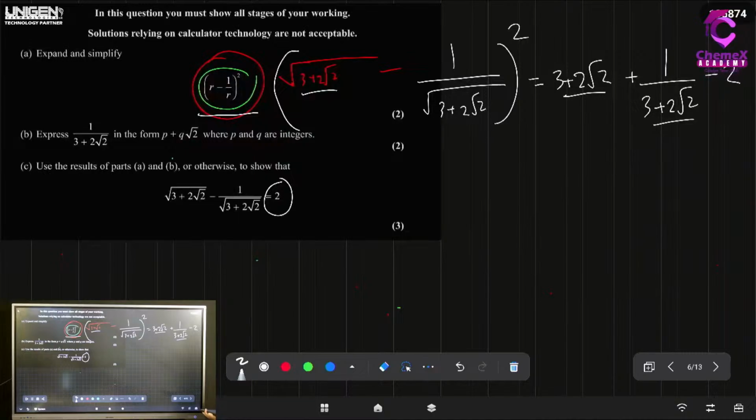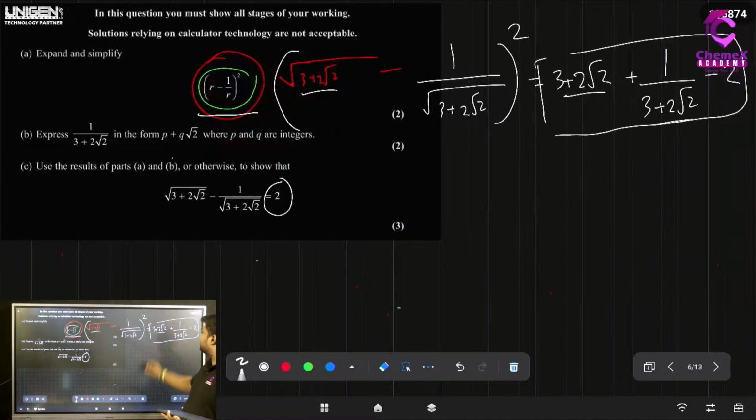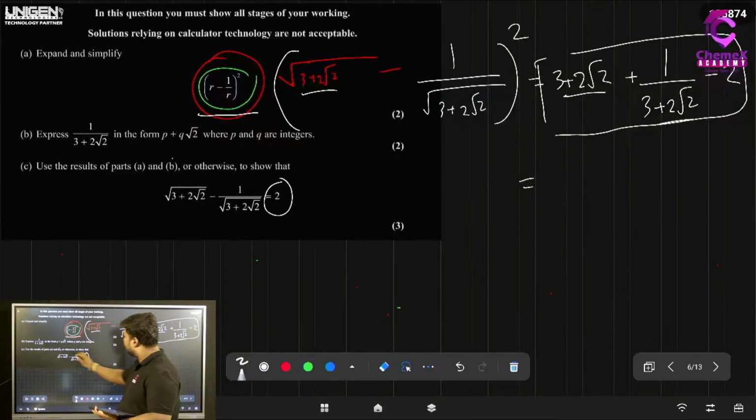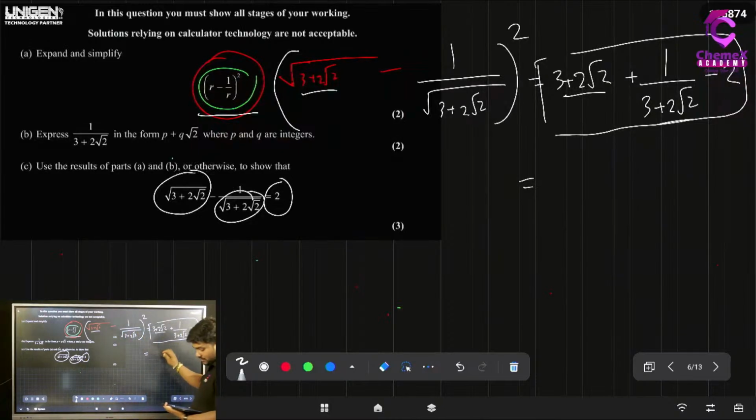How to show? Just type it and check. Now you expanded it. Just type what's the answer of this. So after expanding, in this case, you have a root in the top. So this entire answer is root. So this also can be written as what?